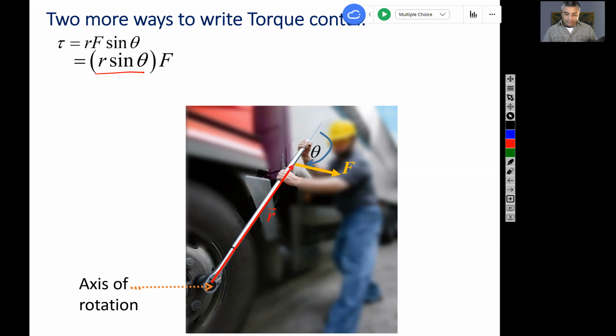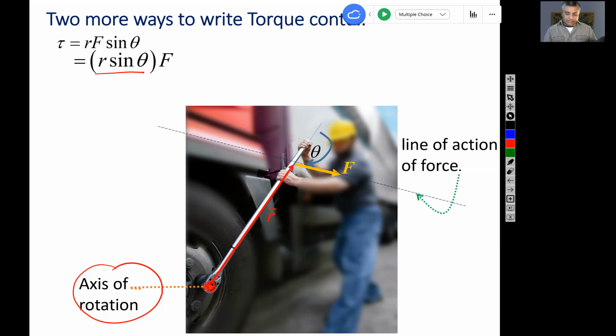First, you label this. Did I write those things here? Yes. You first label this axis of rotation, okay? And next, you draw the line of action of force. So this is step 1, if you like it that way. This is step 2.